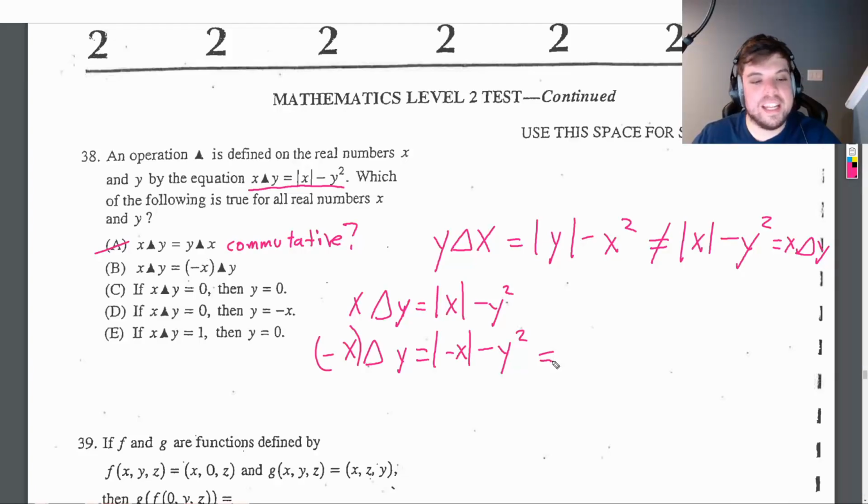When x is negative, then x triangle y is negative x minus y squared. Okay? So when x is positive, the absolute value of x is the same, and when x is negative, the absolute value of x is whatever the opposite of x is, which is the opposite of a negative number, which is a positive number. Okay, when x is positive, negative x is negative, right? So then the absolute value of negative x is the opposite of this, which means this is positive.